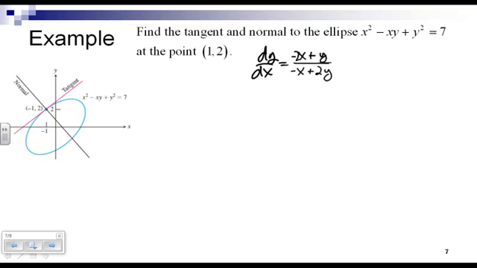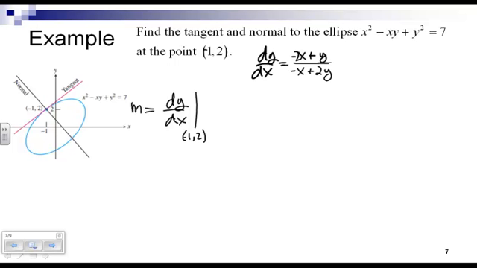Once we get the dy dx, of course, now we're ready to find out what is the slope of the tangent line at the point negative 1, 2.